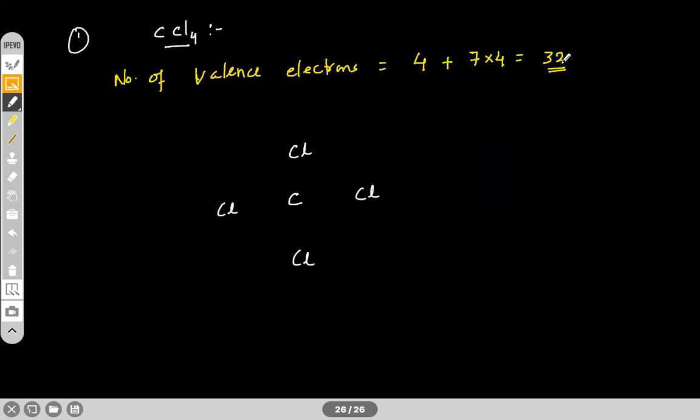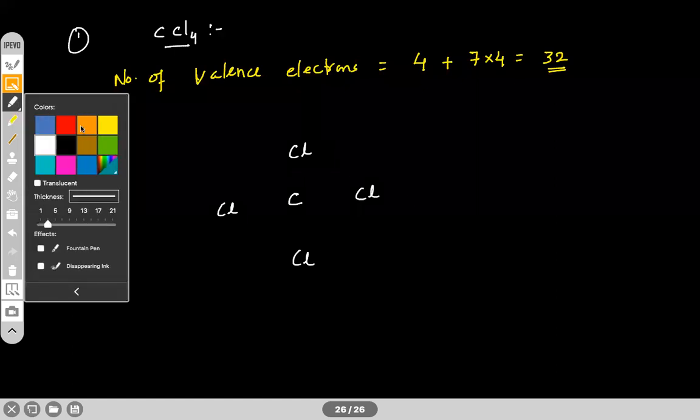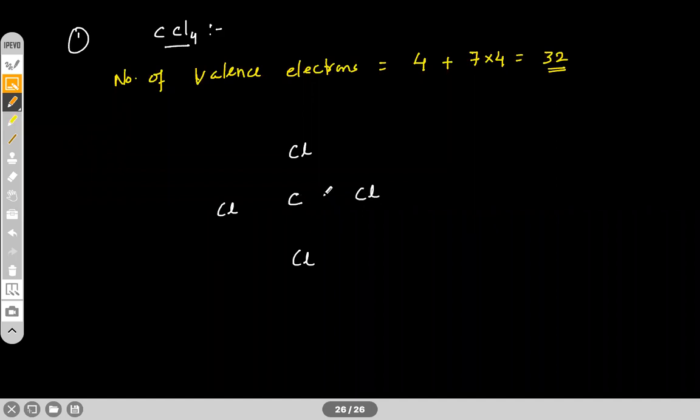Next, we need to distribute these 32 electrons among these atoms, carbon and chlorine. We start with one pair of electrons between the central atom and each outer atom. Out of 32, 8 electrons we have used. Remaining is 24 electrons. Those 24 electrons we start placing on the outer atoms in order to complete their octet. This chlorine has 2 electrons and requires 6 more to complete its octet.